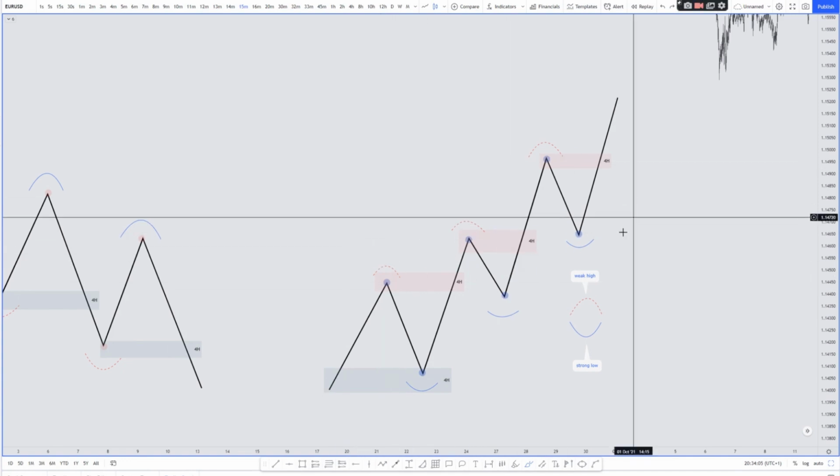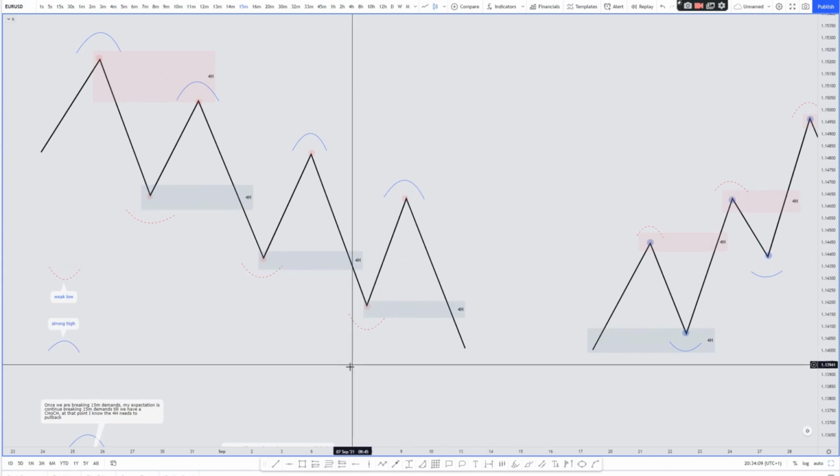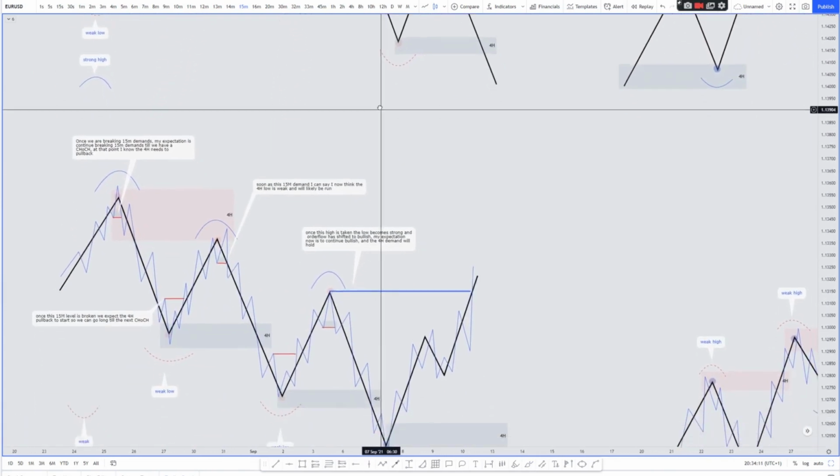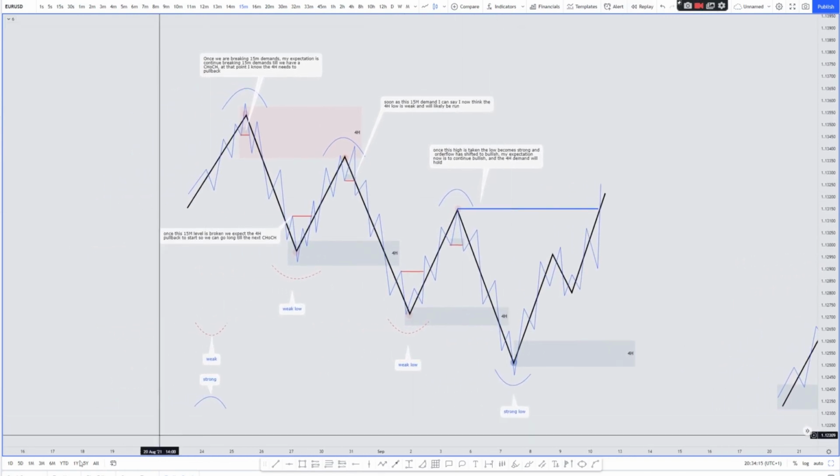Now, this is the 4-hour trend. So let's complicate things a bit now and dive into the 4-hour and the 15-minute combined. It doesn't get a whole lot more complex, but we can start using the 15-minute to build a narrative.